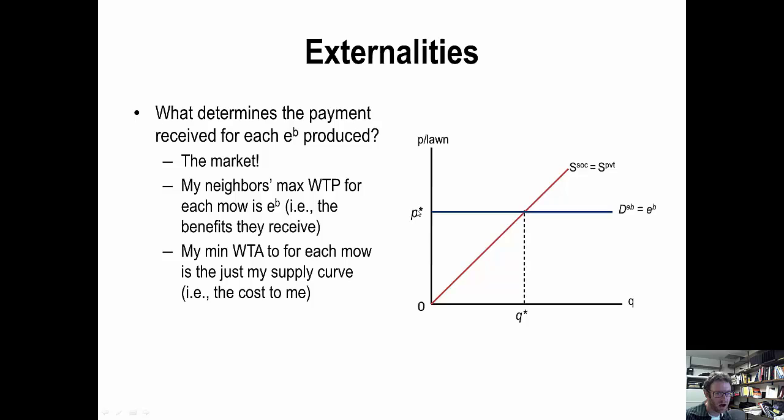So that's going to be a flat demand curve whose height is set equal to the external benefit that they receive. And the cost of mowing my yard is just the cost that I incur, which is my supply curve. So the market price for an externality, the payment that I'll receive, is just equal to the external benefit that I actually generate.